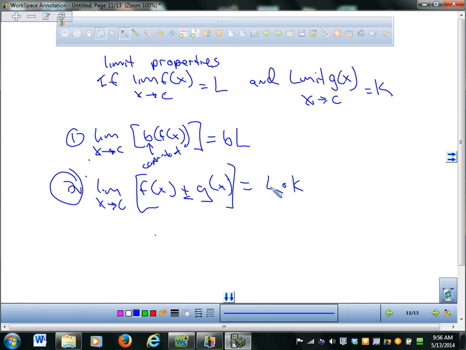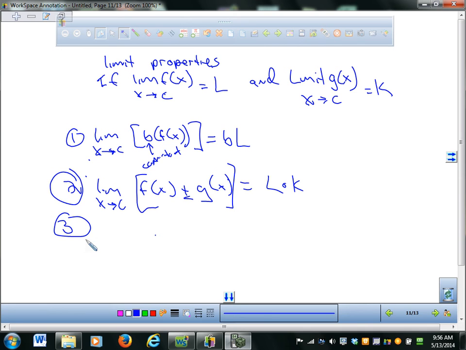If you know this limit and this limit, all you have to do is add them together. 3 has to do with multiplying together. 4 has to do with dividing them. And 5 has to do with raising them to a power. You can look in your book at those. I'm not going to write them down. Just a couple things.